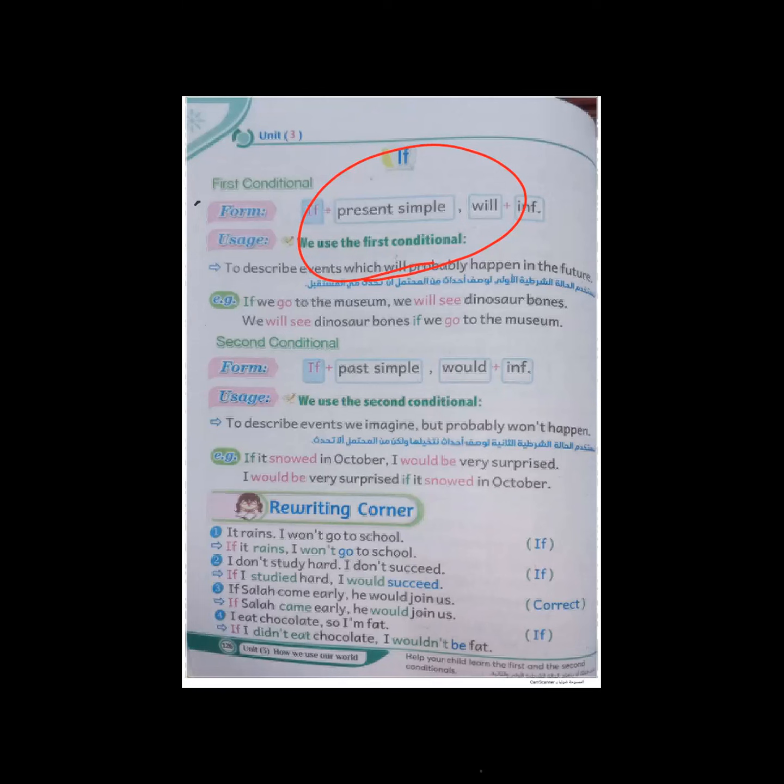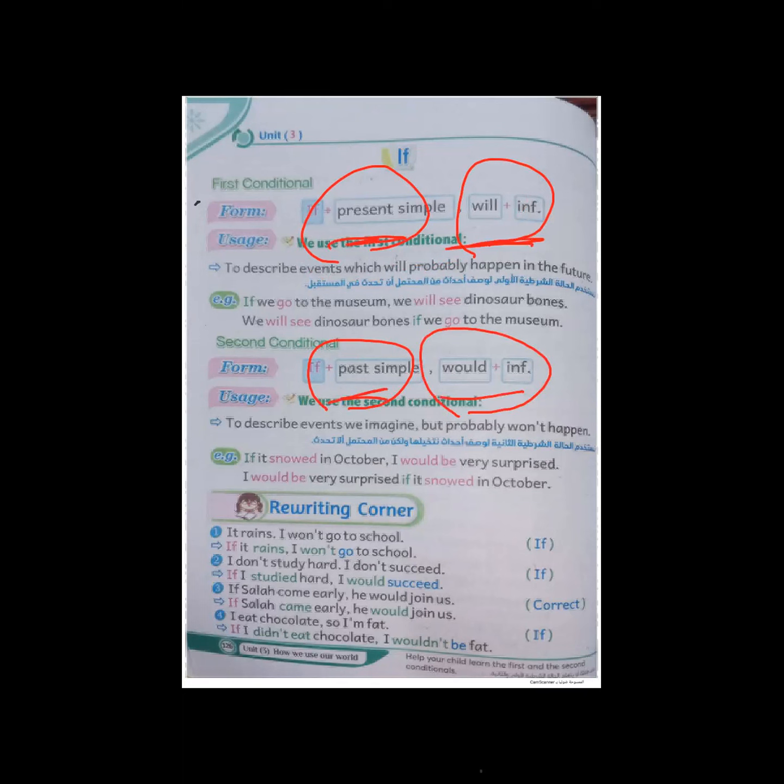Keep in mind that in the first conditional, with the present simple, we use will plus infinitive verb. With the past simple, we use would plus infinitive verb. Present simple, will. Past simple, would. We use the first conditional to talk about future plans. We use the second conditional to talk about imagination that won't happen.